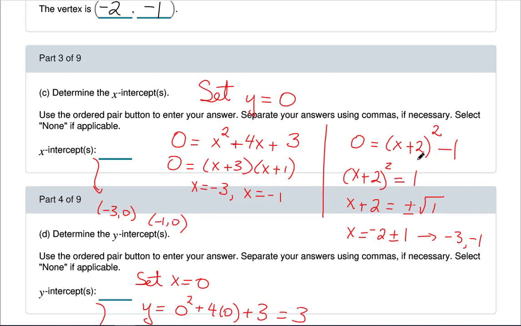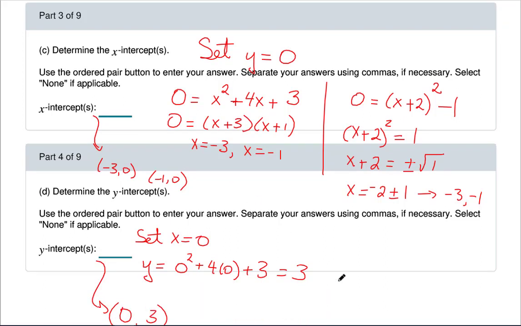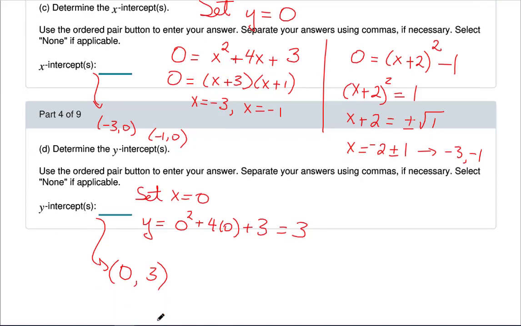I could also get it using the vertex form and using the square root property to get them. To get the y-intercept, well, that's pretty easy in this format because when x is 0, everything goes away and I get 3.